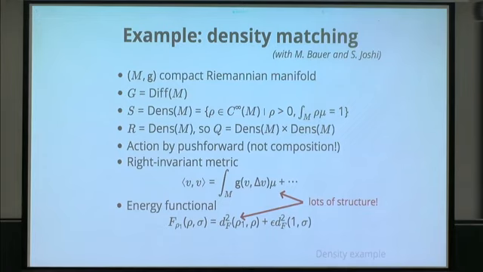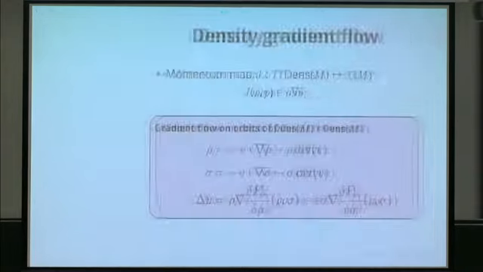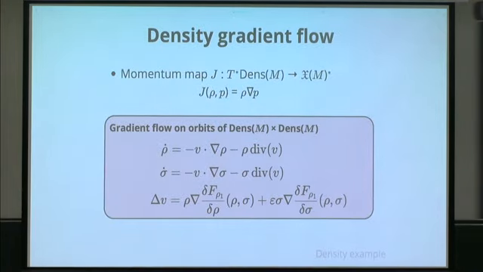And I said there's a lot of structure because this metric is connected to this one. So this one actually descends. The metric here descends to Fisher-Rao, which gives this distance. By the way, the Fisher-Rao distance is like a spherical version of the Hellinger distance. Maybe some of you know about the Hellinger distance in statistics. One ingredient to be able to do this was to compute the momentum map.